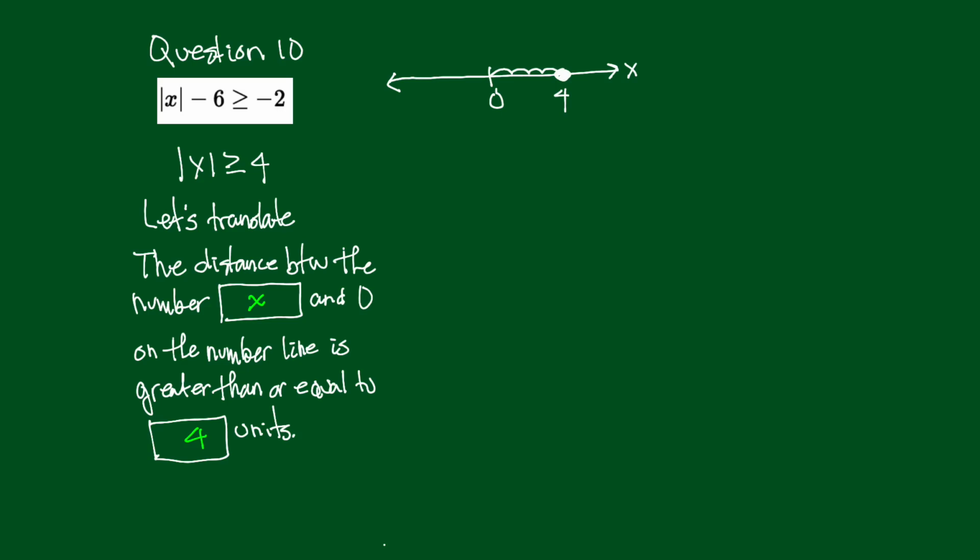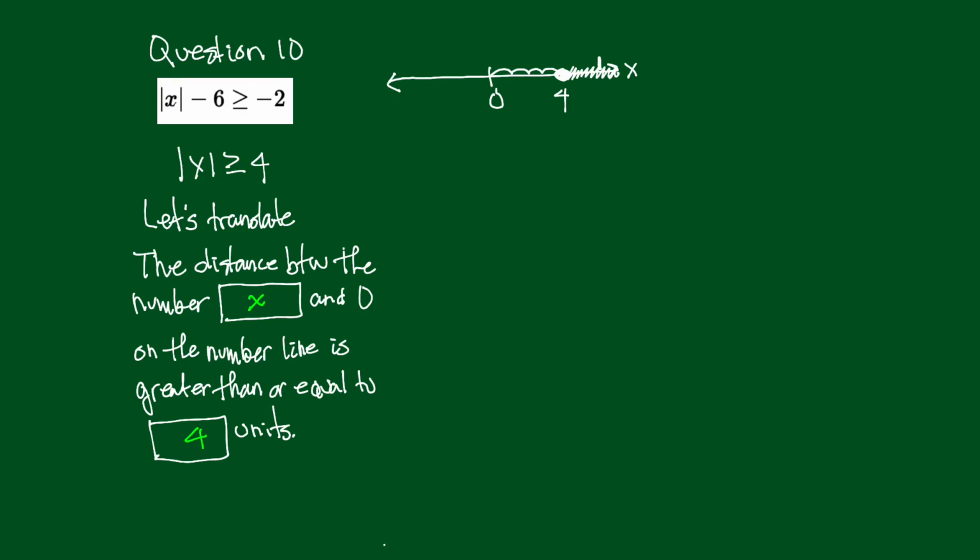And where are the x's? Here's our translation. It's greater than or equal to 4 units. So wherever I put the x, I have to be at least 4 units away. I could be anywhere out here, right? If I'm anywhere out here, I'm more than 4 units away.